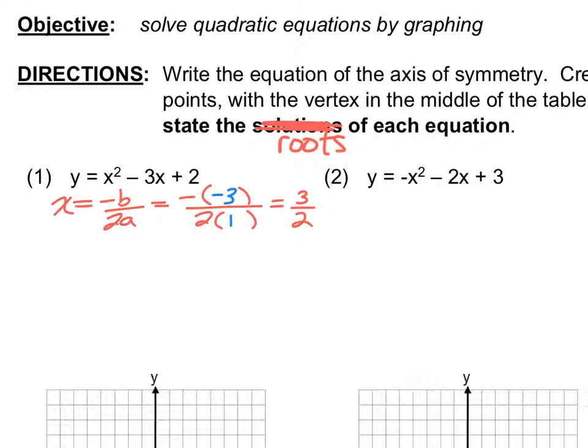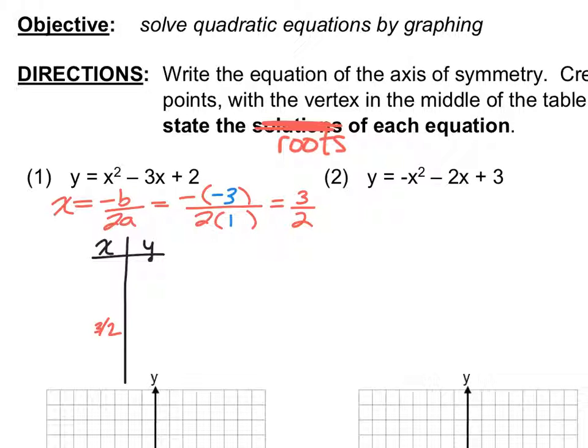So I'm going to make a table out of this, but I want to do it strategically. I said using, again, minimum of 5 values. Like I said, I like to go 7. 3/2 needs to go smack dab in the middle. Now, what I need are 3 values that are less than 3/2 and 3 values that are more than 3/2. If you want to go 2, that's fine. But if you want to do the bare minimum, that's fine too, I guess.